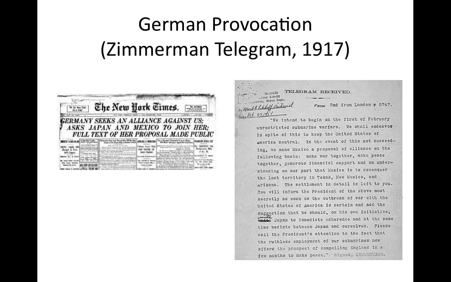And Germany said that if they did so, Germany would ensure that all of the territories that Mexico lost in the U.S.-Mexico War way back in the 1850s would be recovered by Mexico with the help of Germany.